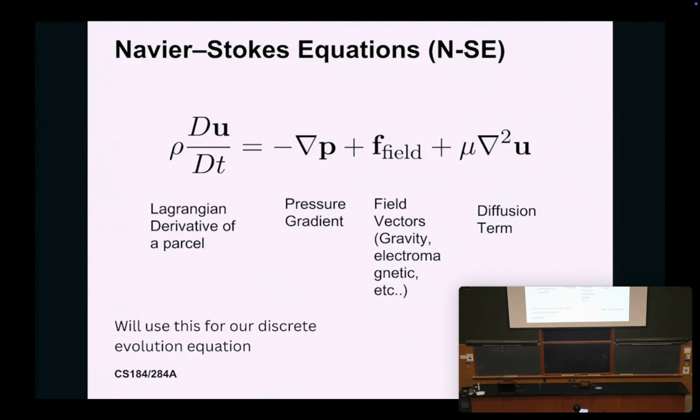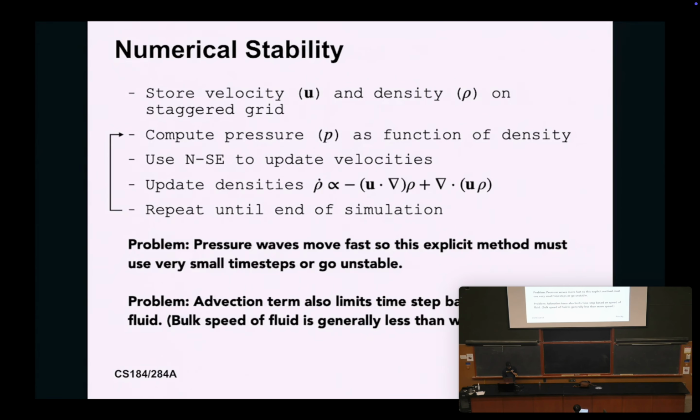Okay, that's all for this. So we're once again gonna do kind of the same thing we did for the heat problem. We have a bunch of state variables for each time step, and you could compute the pressure as a function of density. That's your equation of state.